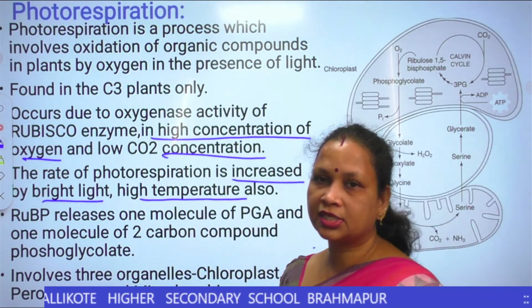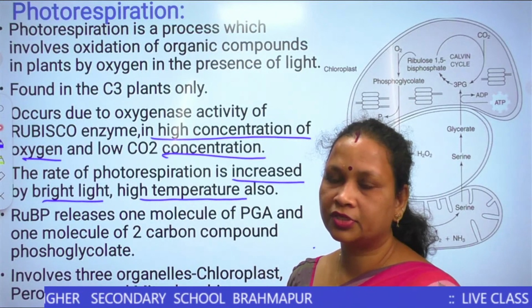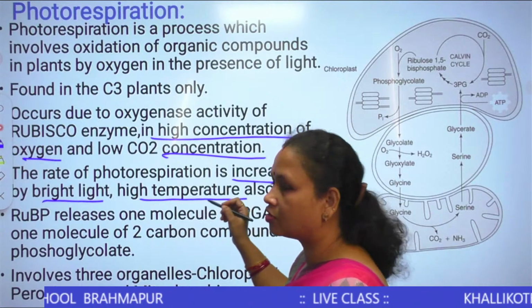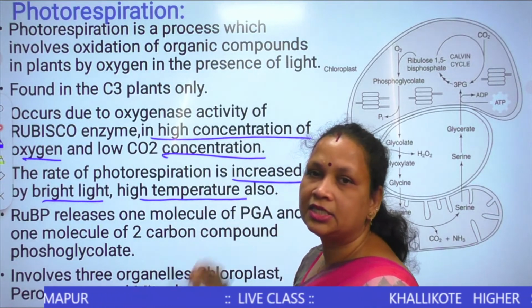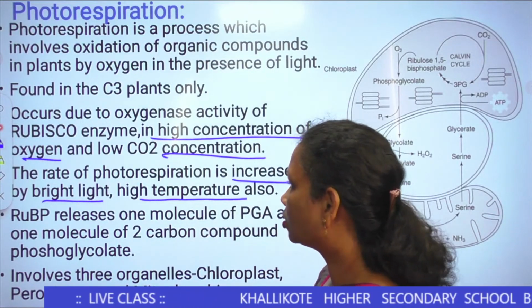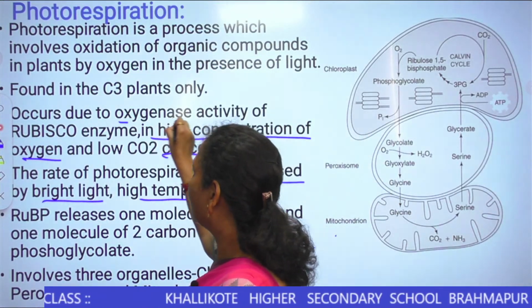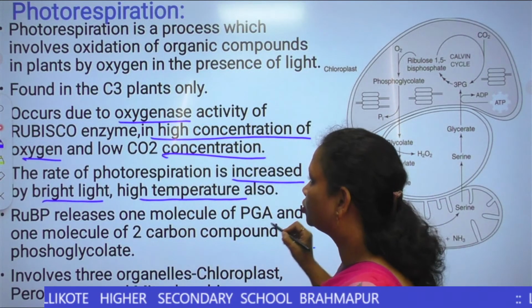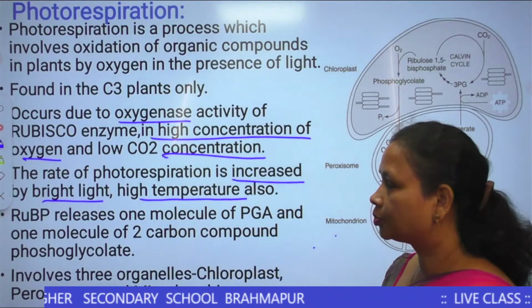The oxygen cannot diffuse out of the stomata as they remain closed, and the concentration of oxygen increases inside the leaf cells. So, Rubisco automatically starts functioning as an oxygenase enzyme and then it shows the oxidation process.